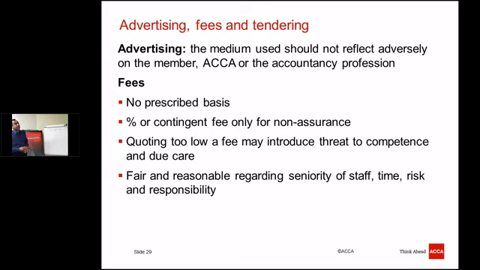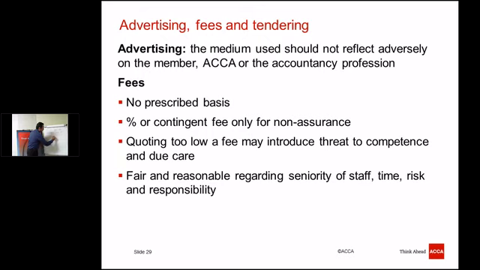Okay, advertising. As you are well aware, advertising in the auditing and accounting profession is very different from the way you see advertisements in your local media, whether that is above the line or below the line. Auditors are not allowed to advertise in the way many of the other consumer products companies are advertising these days. With regards to that, we need to look at the rules that are stated in the ACCA Code of Ethics.